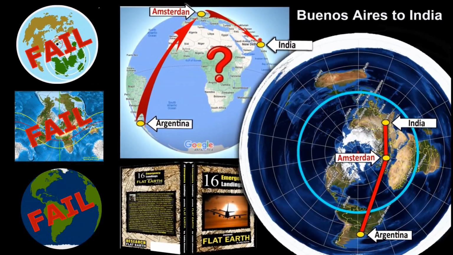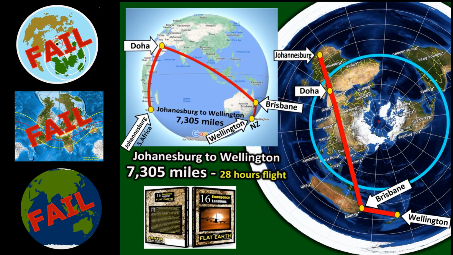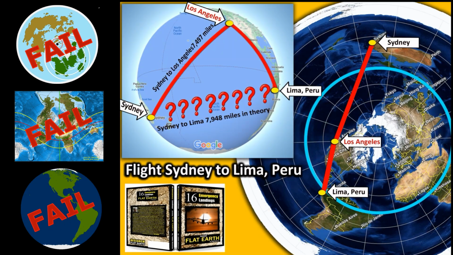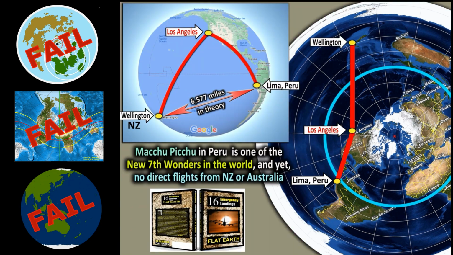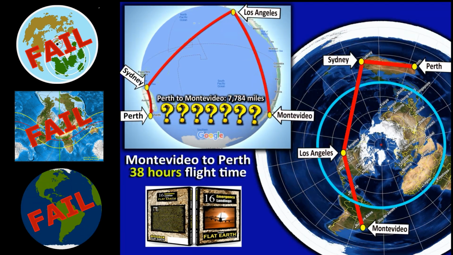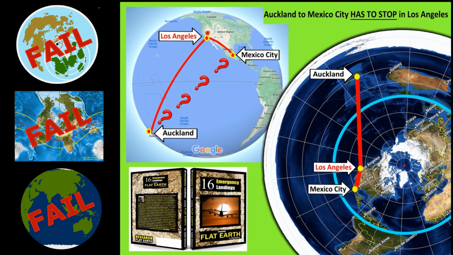I have found evidence that the reason the AE map is attacked so much is because it is the map that destroys the spinning ball Earth narrative. Many infiltrators have been sent to try to discredit this map. Jesuits and Freemasons have always been known as infiltrators, and once they infiltrate a group, they try to change it from within.